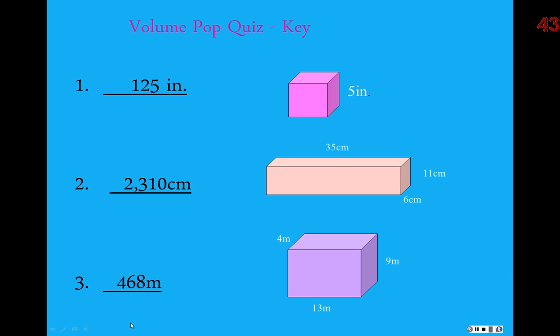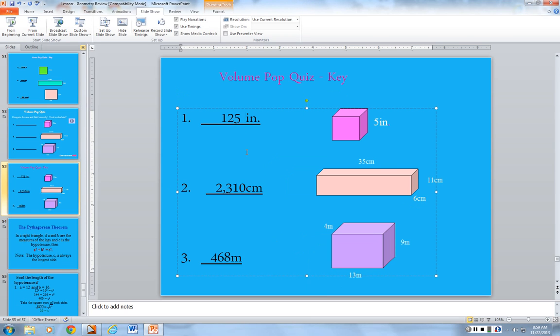Let me change it. Let me see. No, it's 2310. That's what I thought he said. No, he said 2365. Oh, okay. He did that wrong. And then, I need to change the units on this too. I forgot to do the units on this. Because this is bugging me. I hate when the units are wrong. It's because I couldn't do the square symbol on these.